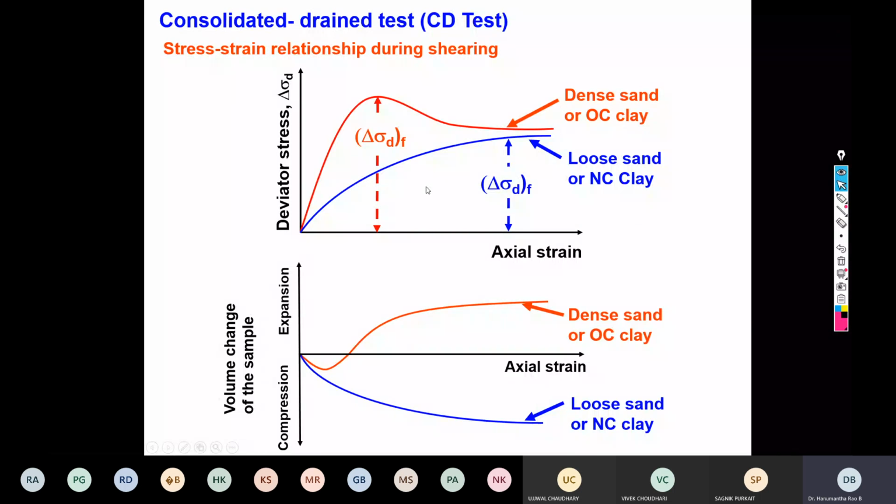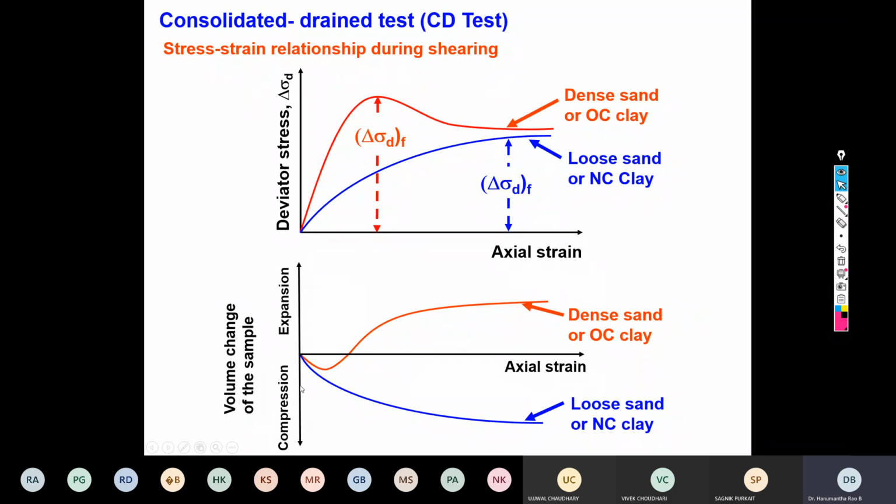So this is the stress strain response, and this is the volume change response. Here for the NC clay or loose sand, with increase in strain there is a continuous increase in the stress. This indicates that as you are increasing the strain, the particles themselves are rearranging such that the sample is attaining the densest possible state.